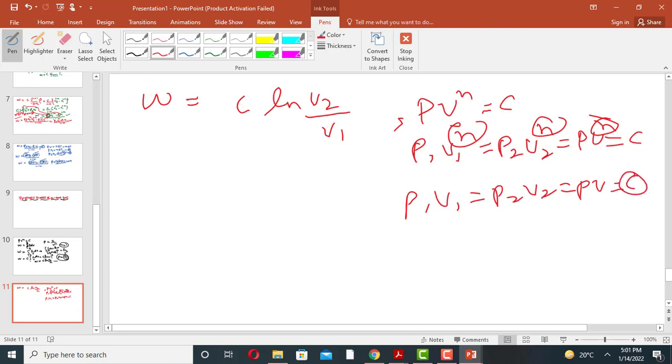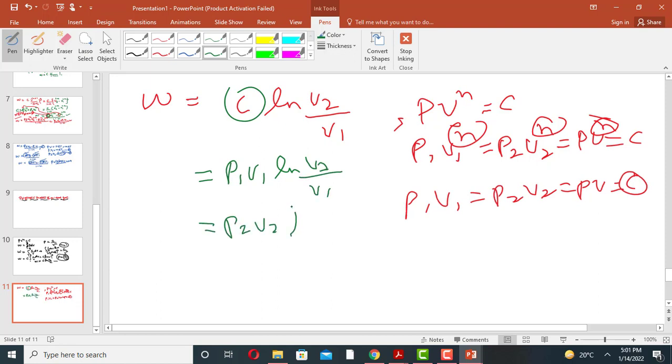So in place of this C, we can write P1 V1 ln (V2 divided by V1). We can also write P2 V2 ln (V2 divided by V1), or PV ln (V2 divided by V1). This is the isothermal work.